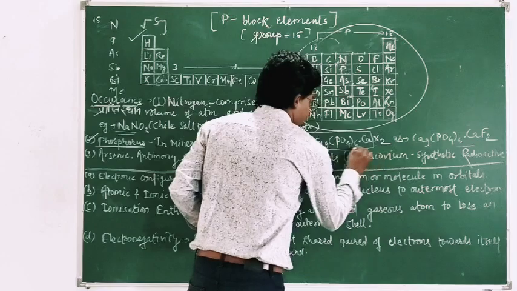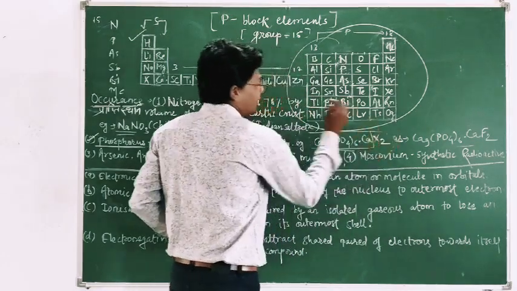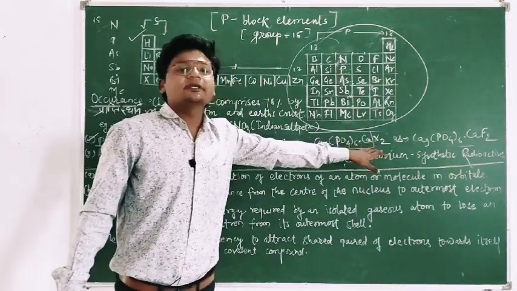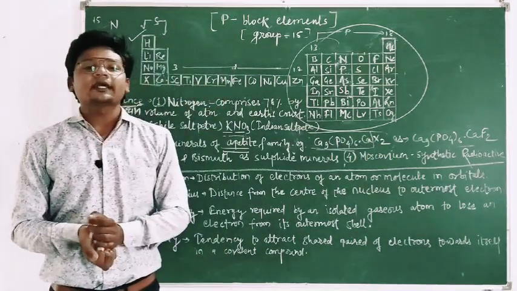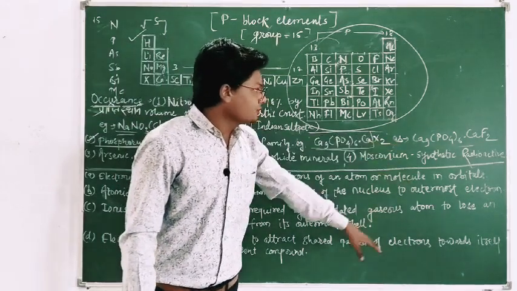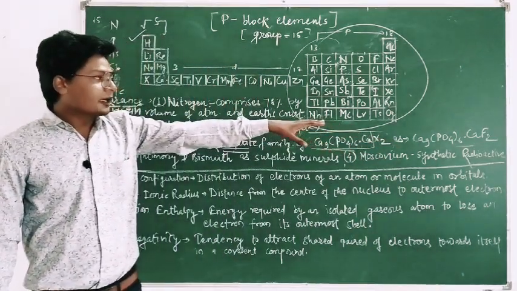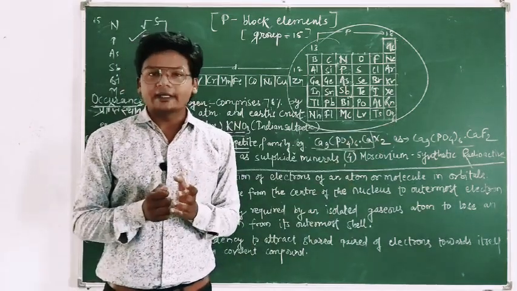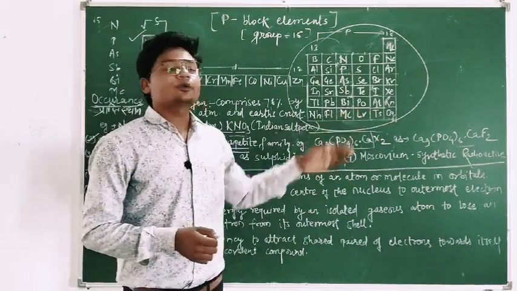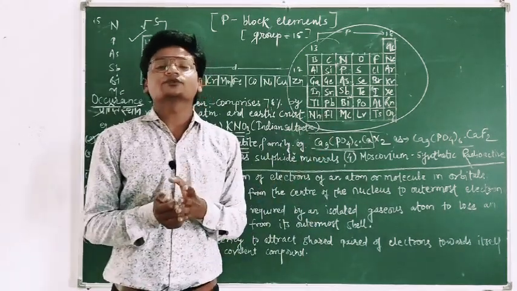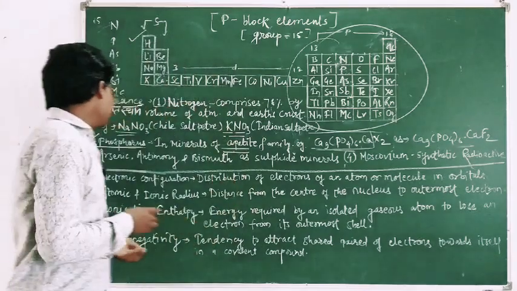In this basic combination there is a halogen X2, which means there will be two atoms of a halogen element. For example, calcium phosphate and calcium fluoride is known as fluorapatite. If there is chlorine, it will be known as chlorapatite. If there is fluorine, it is known as fluorapatite.